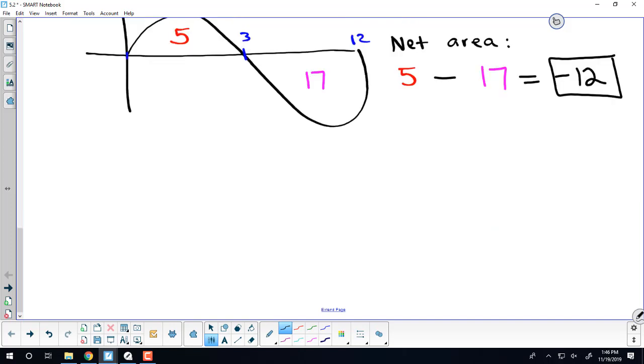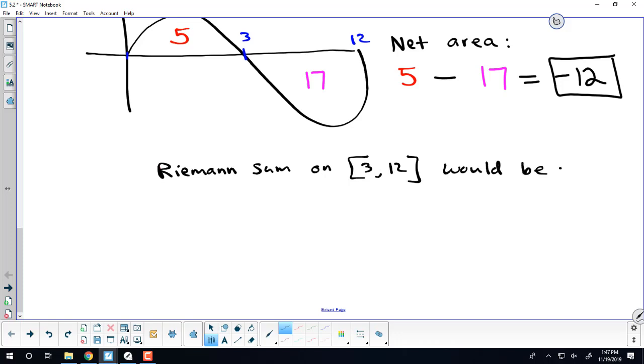So I'll just say that here. If we compute our Riemann sum on the interval from 3 to 12, it would be negative 17. So that would come out in the computation. And if we computed the Riemann sum from 0 to 12, it would come out to be negative 12? Yes.